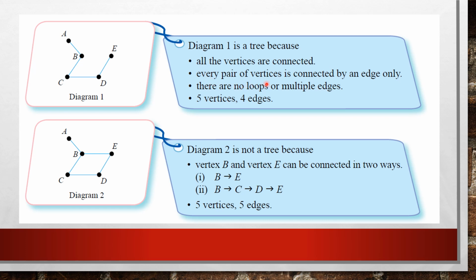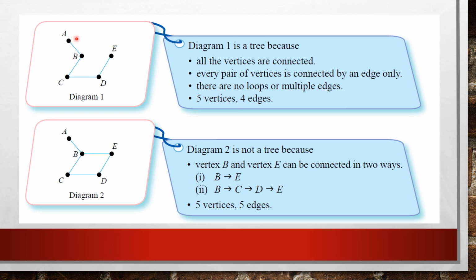Every pair of vertices is connected by only one edge. There are no loops or multiple edges, and it follows the property that if there are 5 vertices, then the number of edges is 5 minus 1, that is 4.